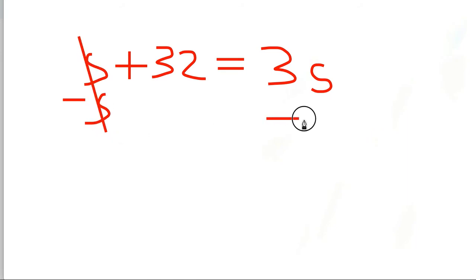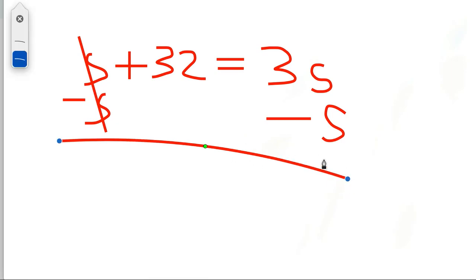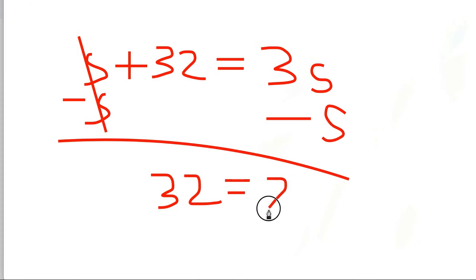If we subtract S there, we have to subtract S on the other side. So we're subtracting S, and what are we left with now? On the left side of the equation, we're left with this 32, and that is equal to 3S minus 1S, or 3S minus S, 2S.